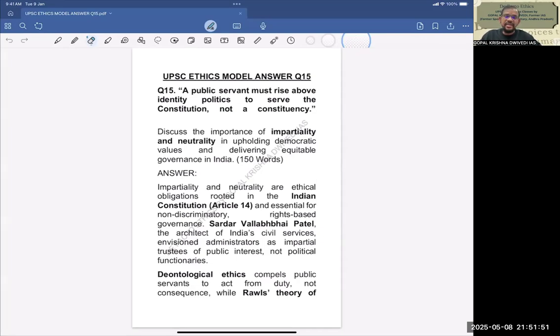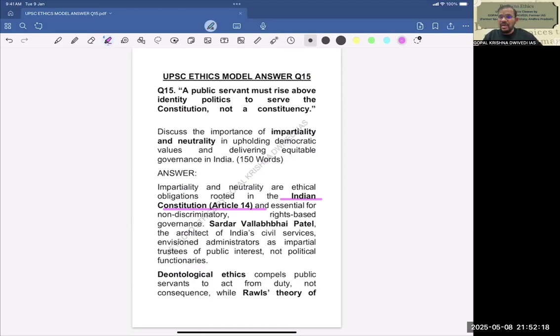See, impartiality and neutrality are ethical obligations rooted in the Indian Constitution, Article 14, and essential for non-discriminatory, rights-based governance. So some ethical terms and phrases also need to be used, and documents, for example the Indian Constitution, which we have already quoted.